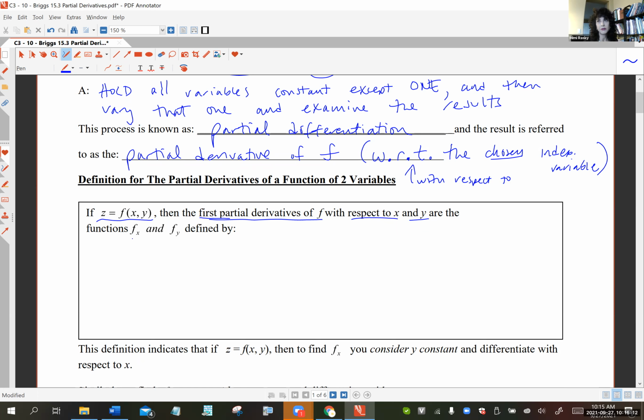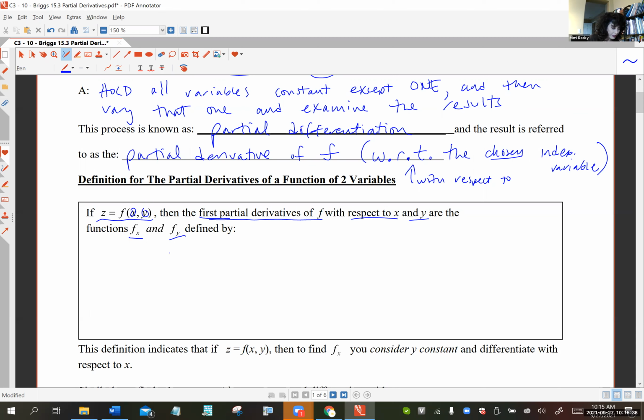Your derivatives are themselves functions, okay? And you know this already from Calc 1. One of them is going to be called f subscript x. The other one is going to be f subscript y. Yes, there's two of them. You have two first derivatives. Why? One for each of the independent variables, one for x and one for y.